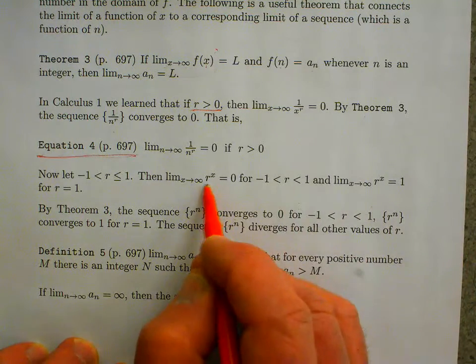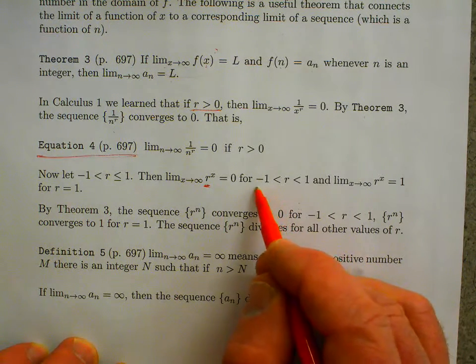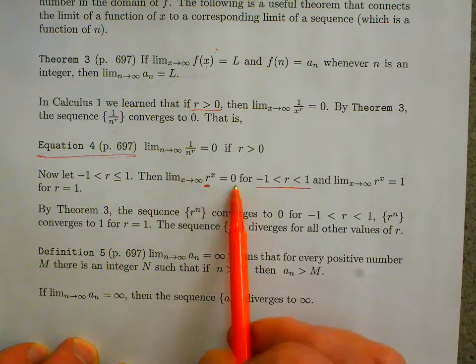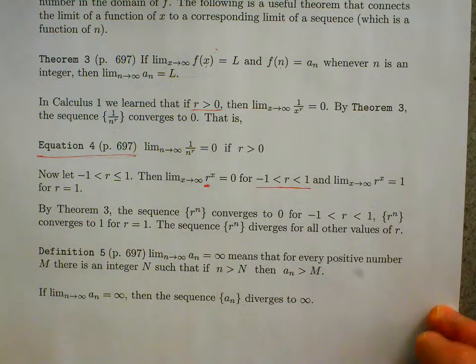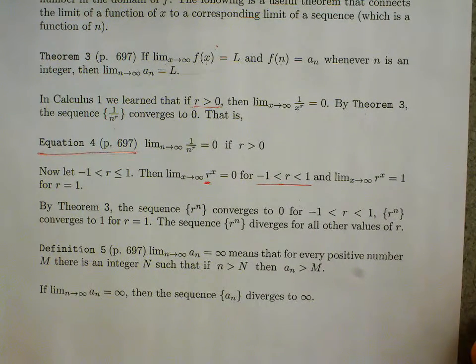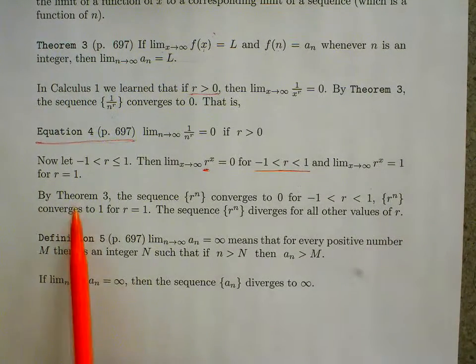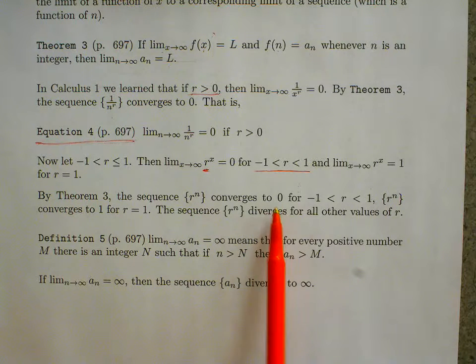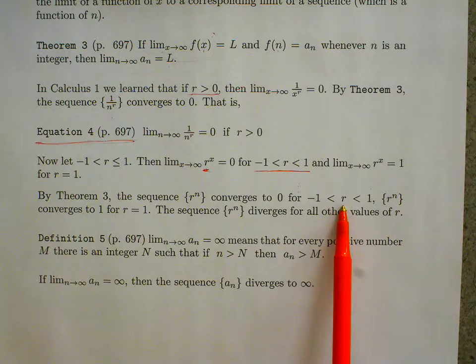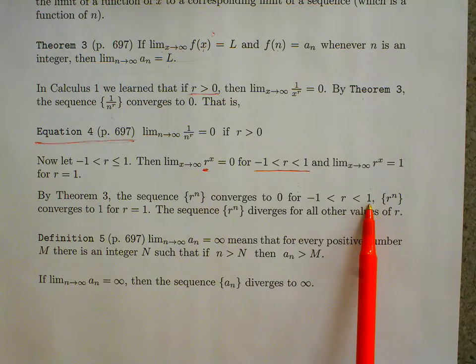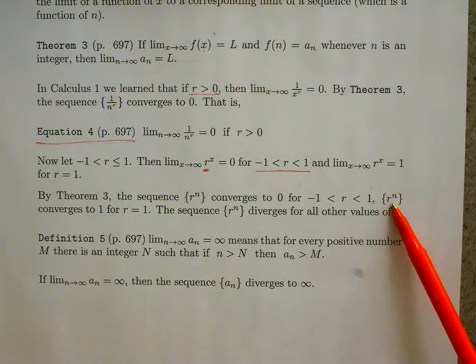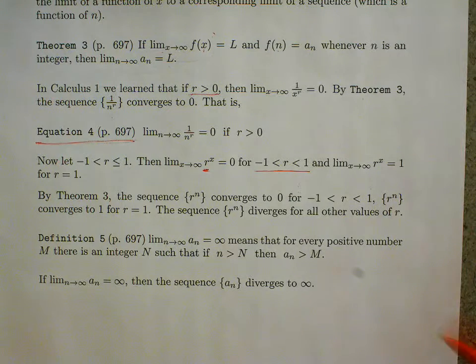But if the base number is strictly between -1 and 1, then r to the x approaches 0 as x approaches infinity. Okay, so by Theorem 3, the sequence r to the n converges to 0 for values of r that are strictly between -1 and 1. And this sequence converges to 1 if the value of r is 1. So that's sort of a trivial case when r is 1.